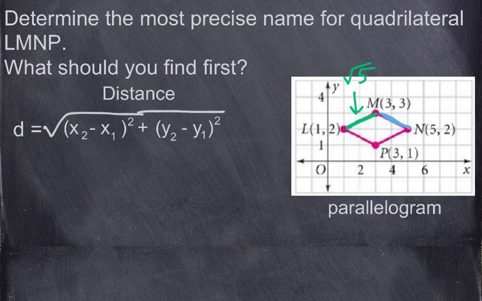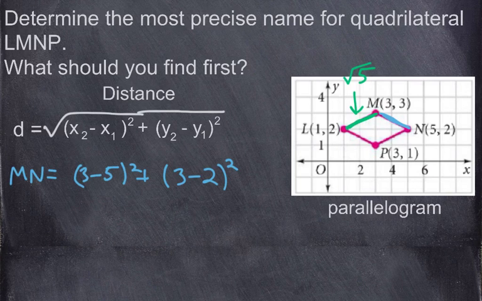Okay, so we're going to find the distance of MN now. So we do an x value minus the other x value of the two coordinates, plus we have a y value minus the other y value. And again, we're going to take the square root of that whole thing.